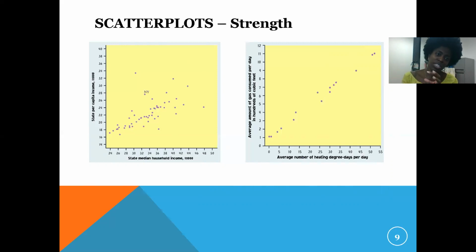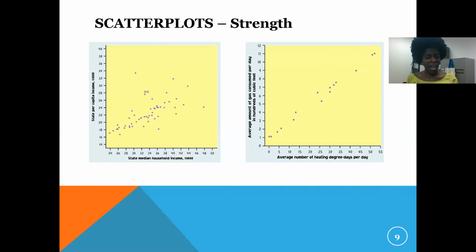The first one looks at state per capita income as it relates to state median household income, by the thousands. And the other one looks at average amount of gas consumed per day in hundreds of cubic feet, as it relates to average number of heating degree days per day. So which of these has the stronger relationship?